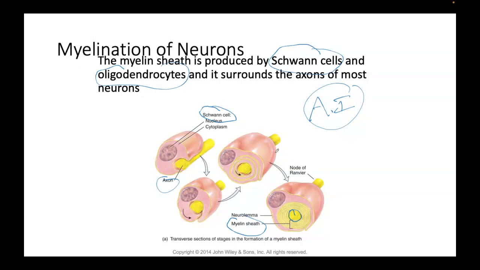The nerves don't fire and the body doesn't quite work the way it should. And that disease is what we call MS, multiple sclerosis. Multiple sclerosis is an autoimmune disease where the body attacks its myelin sheath or attacks the Schwann cells and oligodendrocytes.